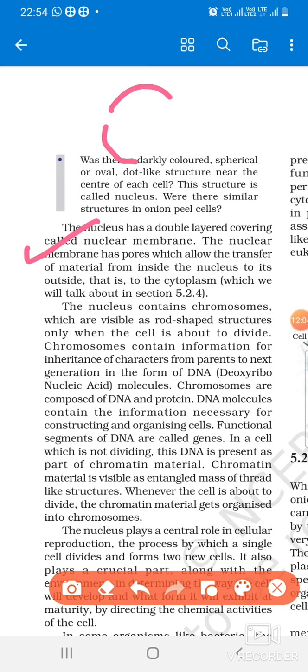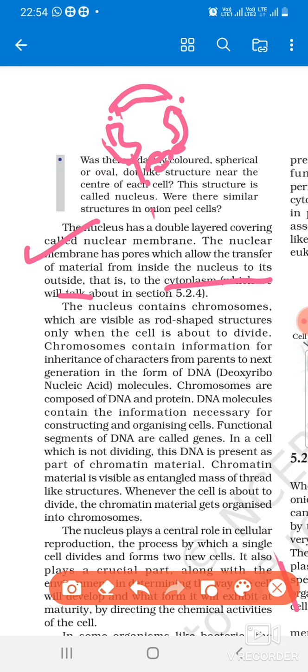This is the nuclear membrane, double layered, and the nuclear membrane has pores. Look here, there are pores which allow the transfer of materials from inside the nucleus to the outside.